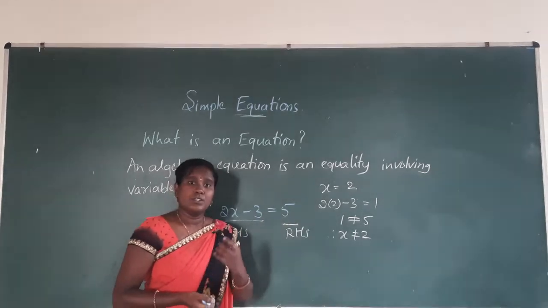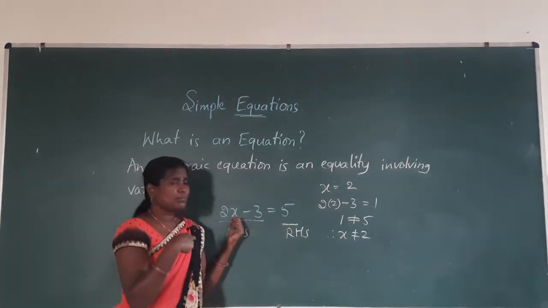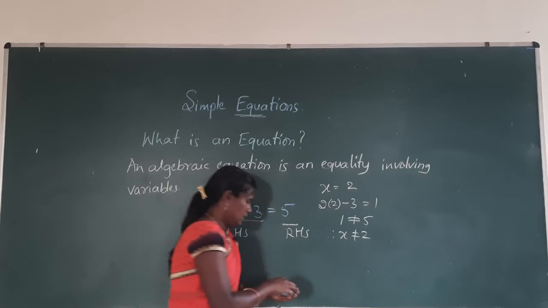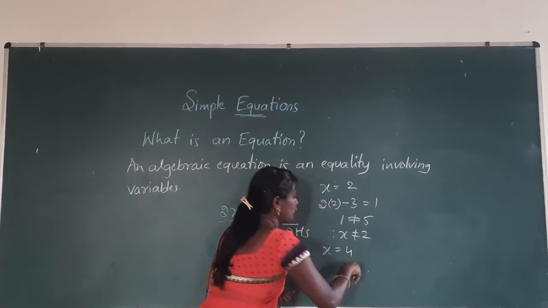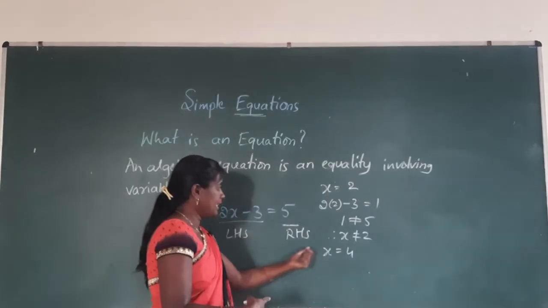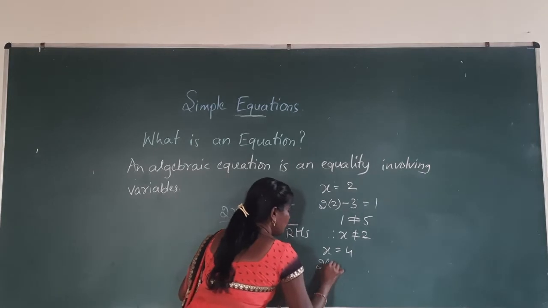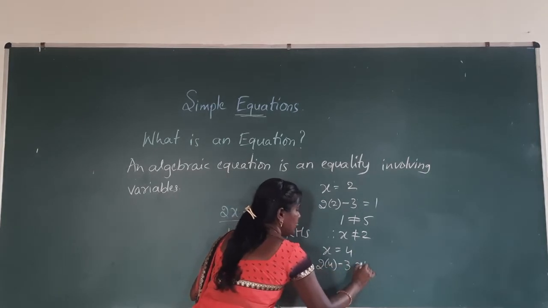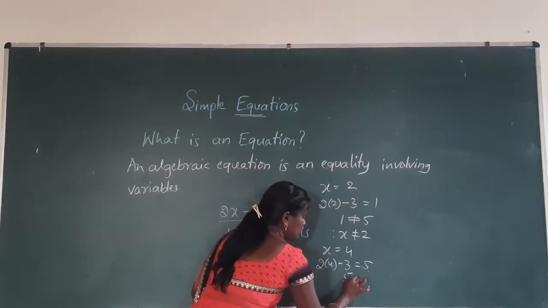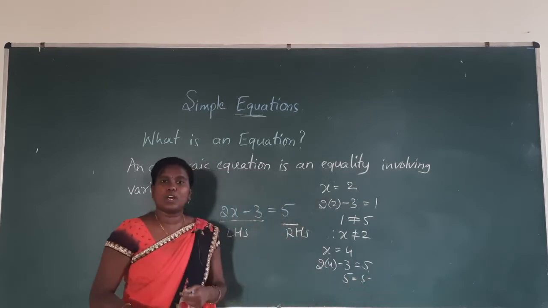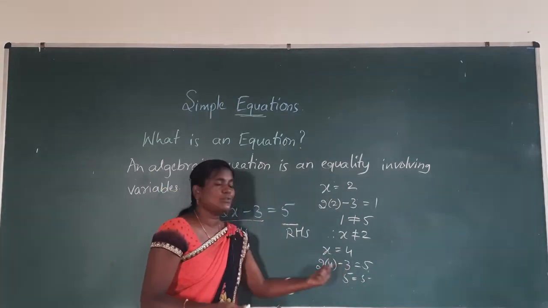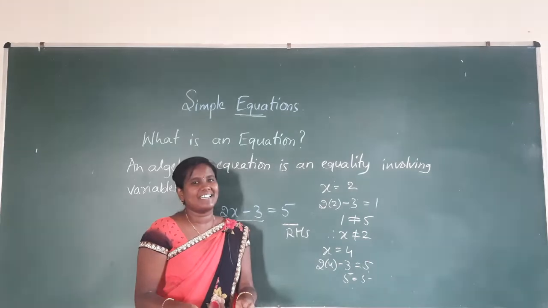This is possible only if you take x equals 4. 2 4s are 8, 8 minus 3 is 5, 5 equals 5, LHS is equal to RHS, therefore x equals 4 is the correct answer.